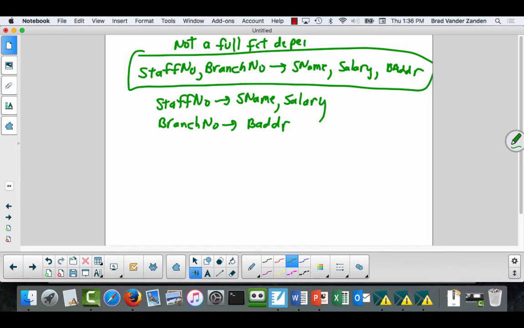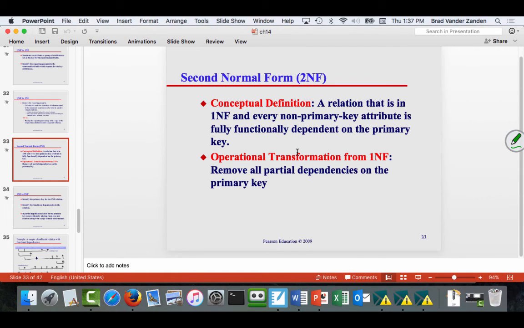It is a partial dependency, because we can take subsets of that left-hand side, and subsets of that left-hand side uniquely determine subsets of the right-hand side. So in fact, the top thing is what is called a partial dependency, and we want to eliminate that. The way we eliminate that is we create two new relations based on these two full functional dependencies. So that is what second normal form is: we want to remove all partial dependencies on the primary key.